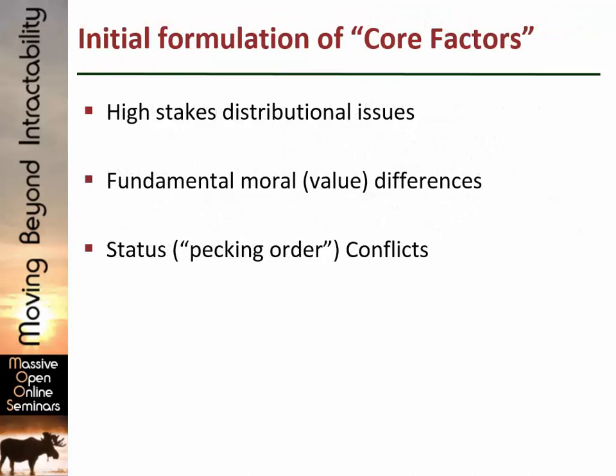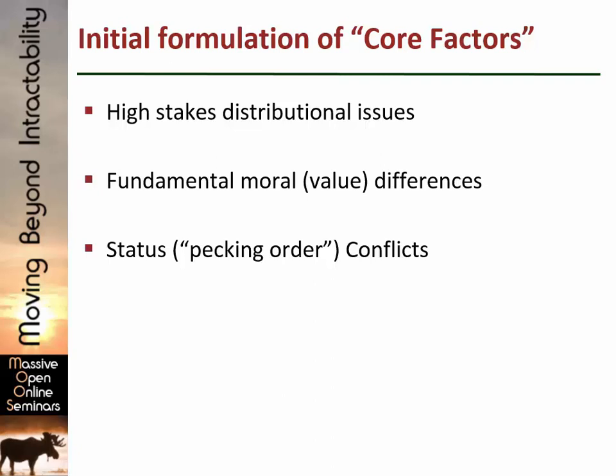Our initial formulation of the core factors actually just had 3. The original ones were high-stakes distributional issues. In other words, conflicts over who gets what, where it really, really matters.